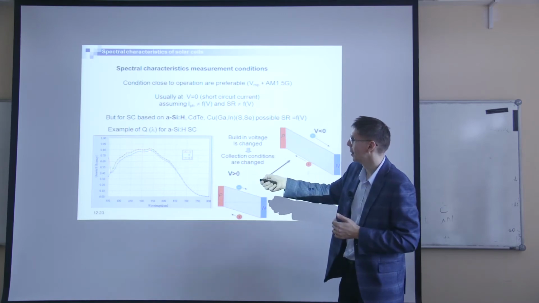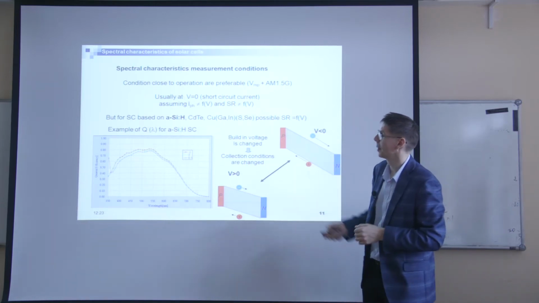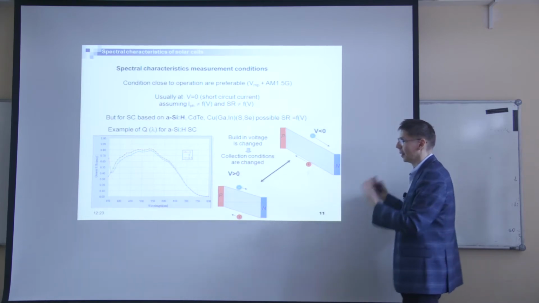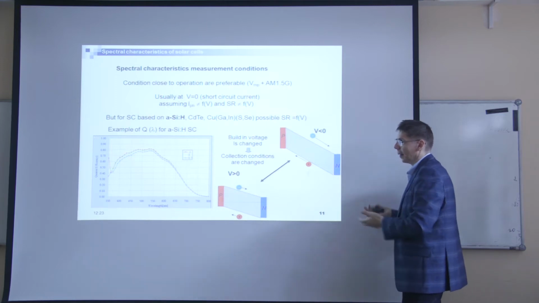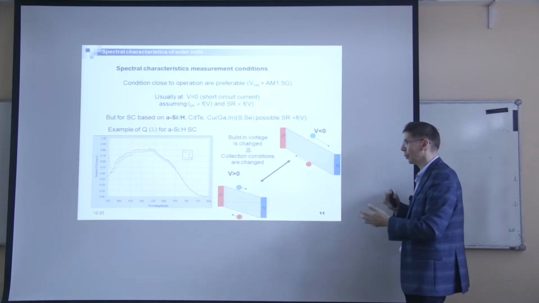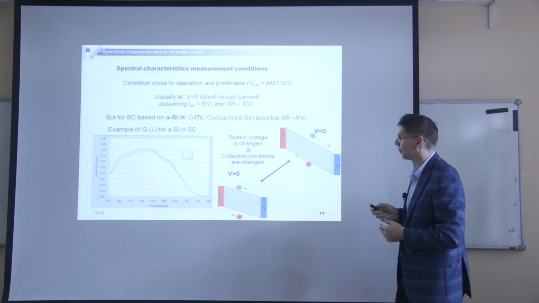Green is zero bias, and blue is some positive bias. So you see there is some decrease of the quantum efficiency due to the decrease of this field, and it shows the high recombination losses. And if you want to really characterize the material, you can use it.